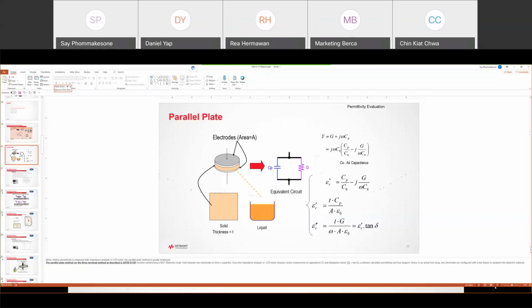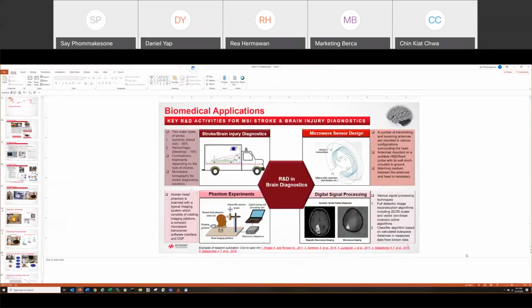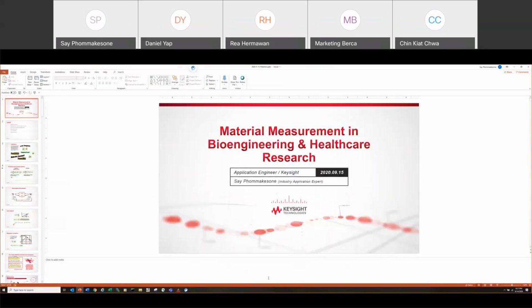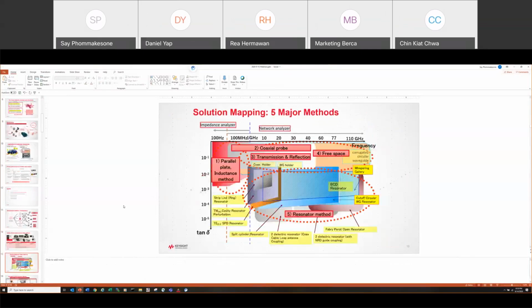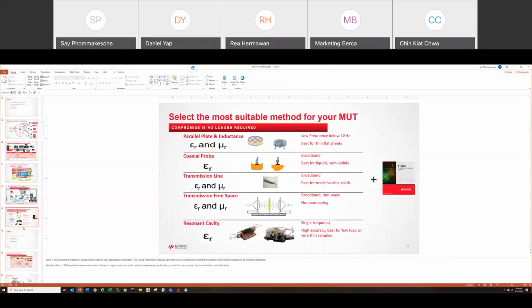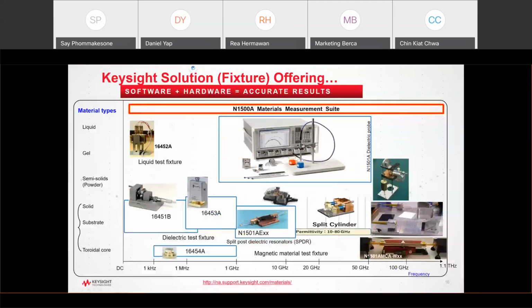So if your sample is rectangular, this fixture, the measurement point for 1 gigahertz, would be appropriate regardless of whether your sample is rectangular or circular.